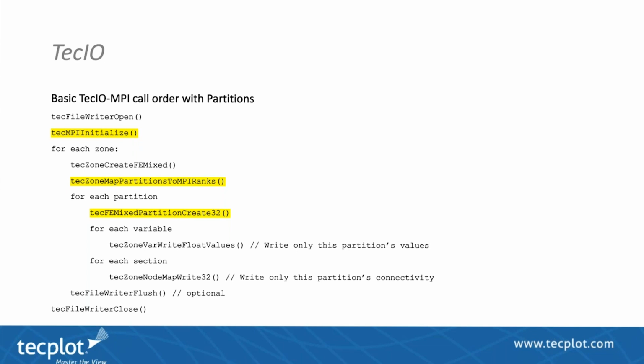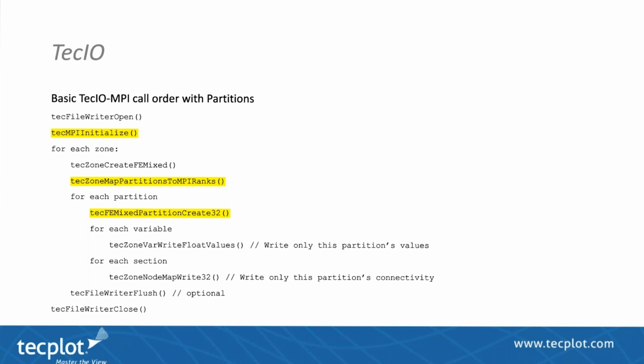If you're outputting partitioned data, then after you create each zone, you call TecZone map partitions to MPI ranks. This will tell TecIO both how many partitions there are in this zone and which MPI rank is going to output each of the partitions.